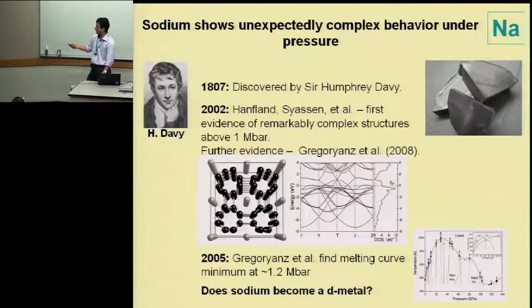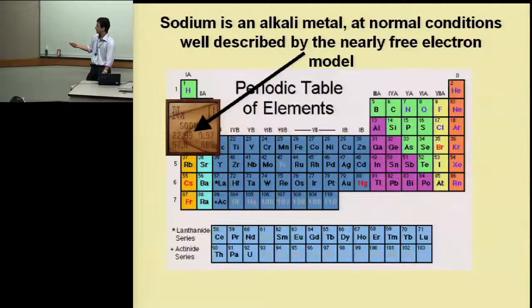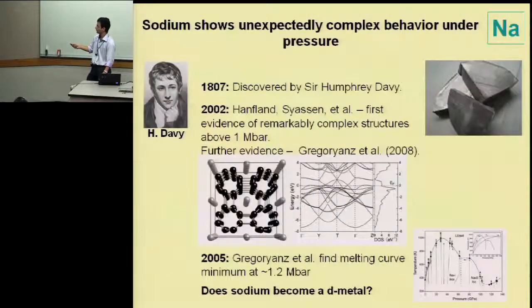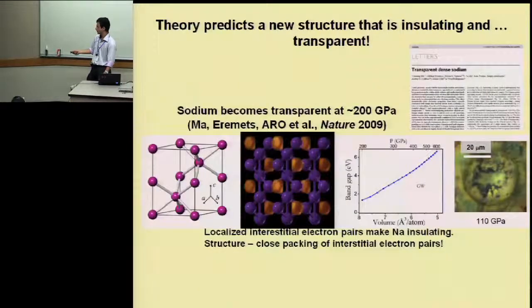Sodium is an element which normally is a free electron metal, very well described by the free electron model, believed to be a simple s metal, until 2002, when people discovered a host-guest structure, which is actually non-periodic, and which is a quasi-one-dimensional metal at pressures of about 1.2, 1.3 million atmospheres. Then they found a very deep minimum on the melting curve. And a further surprise came with our prediction that sodium at pressures of about 2 megabars will become an insulator.